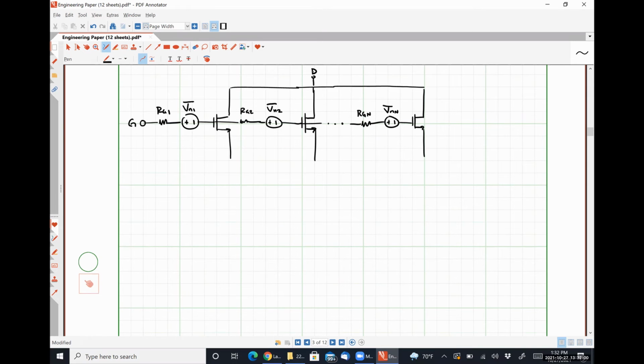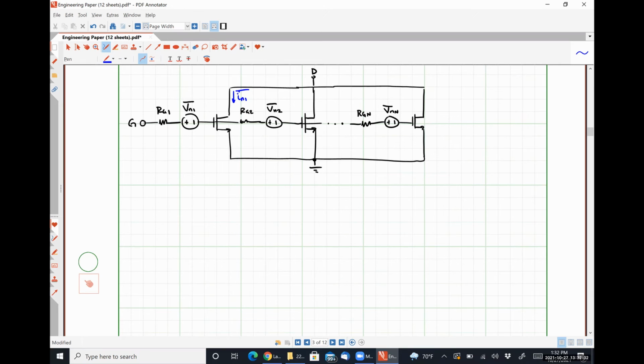Here's our drain, and for the sake of our analysis here, we'll tie our source to ground, okay? So what each of these noise voltage generators are going to do is they are going to cause some noise voltage drain current to occur, right?